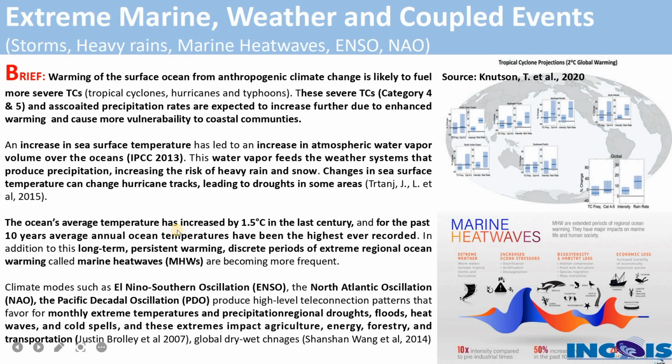And the ocean's average temperature has increased by 1.5 degrees Celsius in the last century, and for the past 10 years the average annual ocean temperatures have been the highest ever recorded, right?